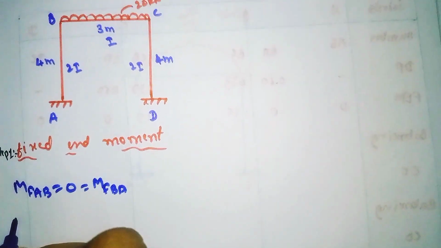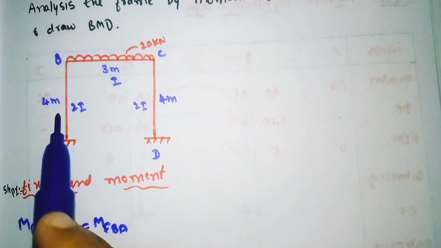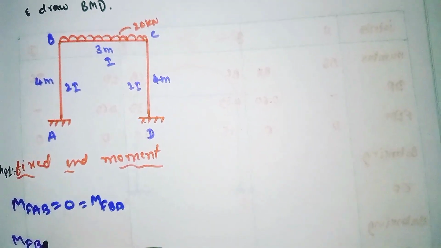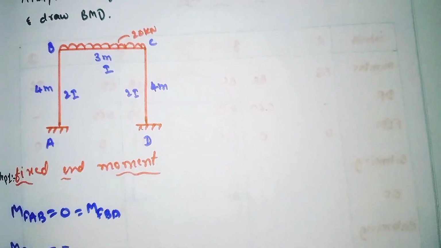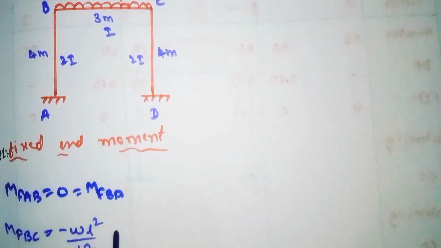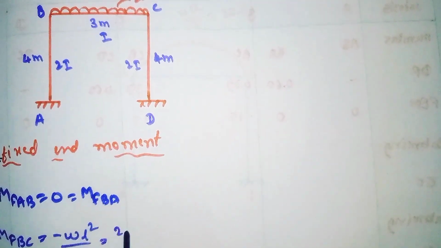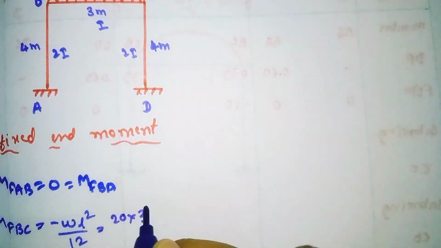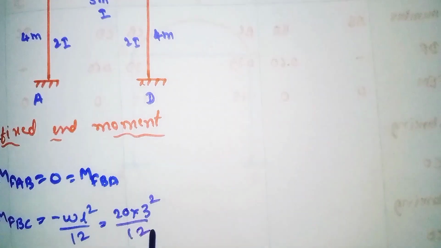Now for span BC, we have the formula minus WL square divided by 12, minus because it is anti-clockwise. So the load is 20, our span is 3, square, divided by 12.